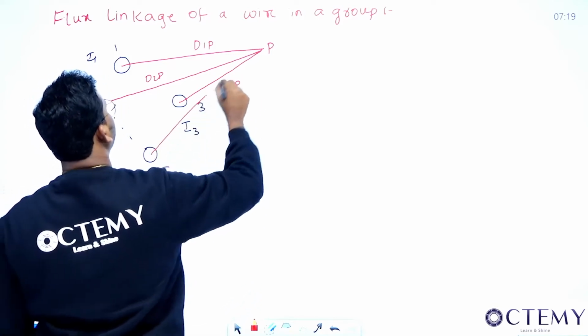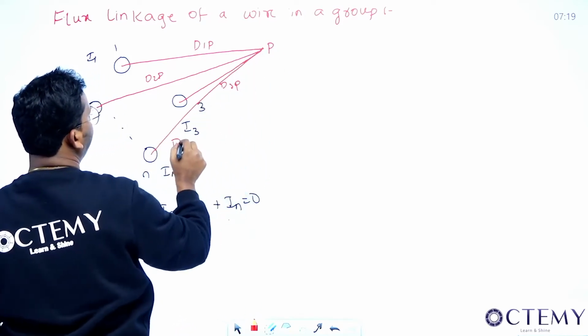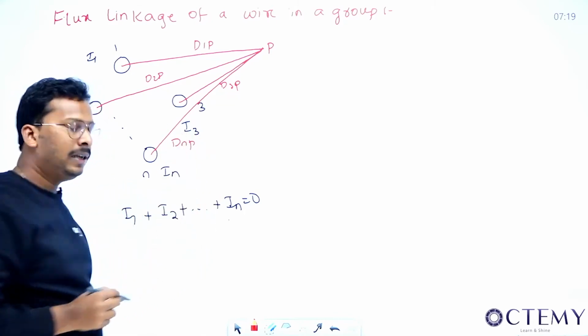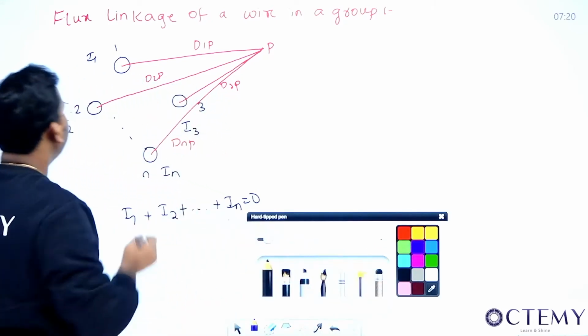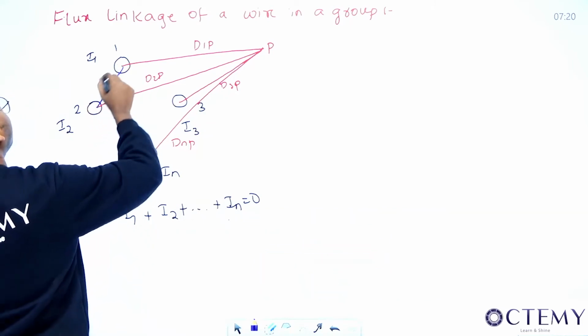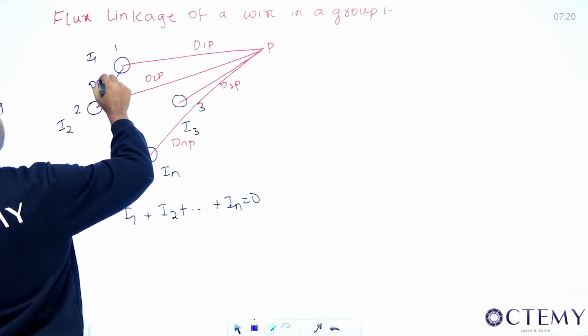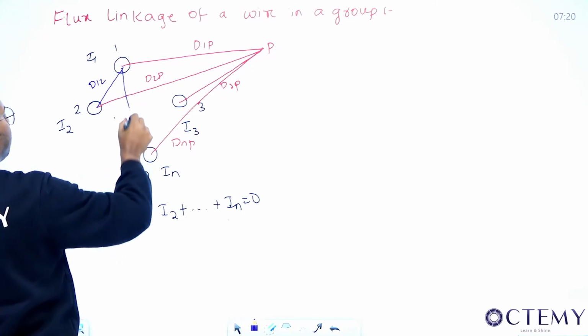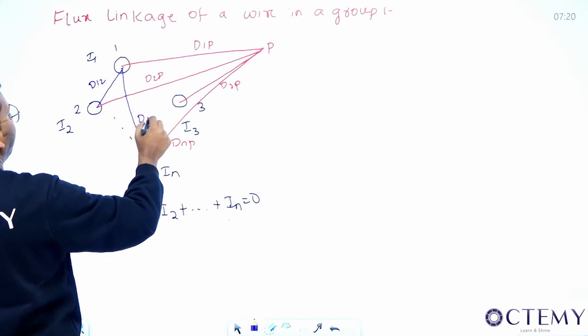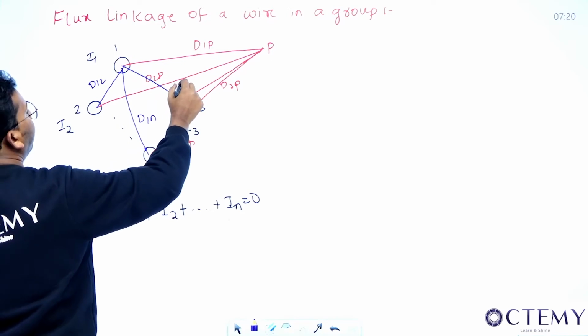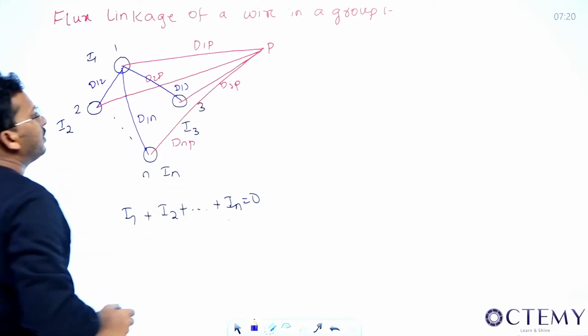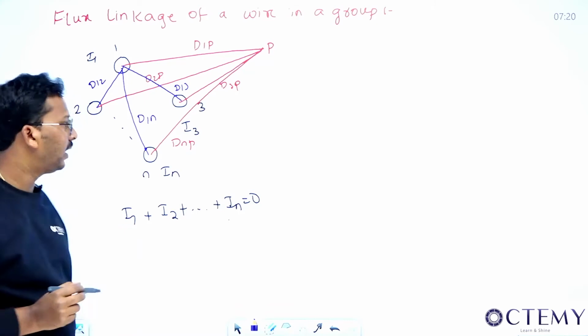Similarly, this is DNP, right? And the distances between each of the conductors, from here to here, is say D12 or D21, both will be same. This will be D1N or DN1, both will be same. This will be D13, or D31 will also be same, right?